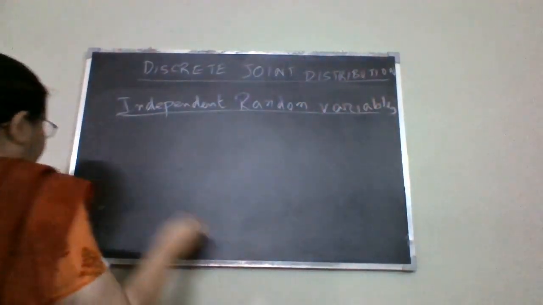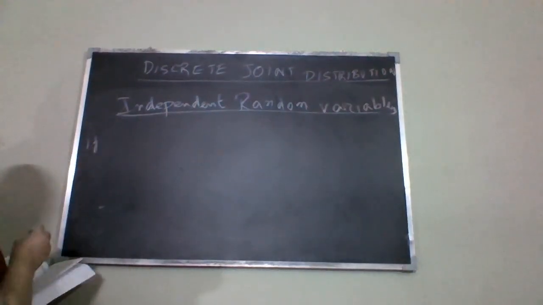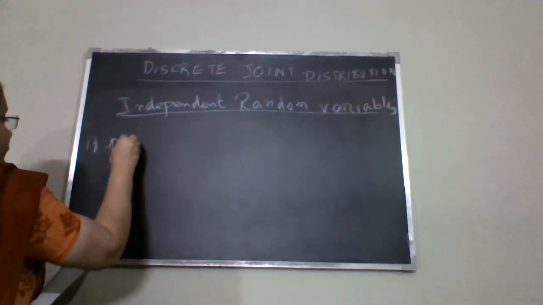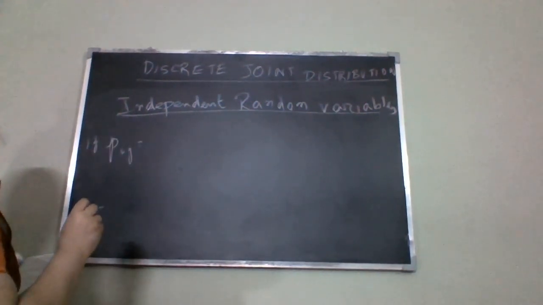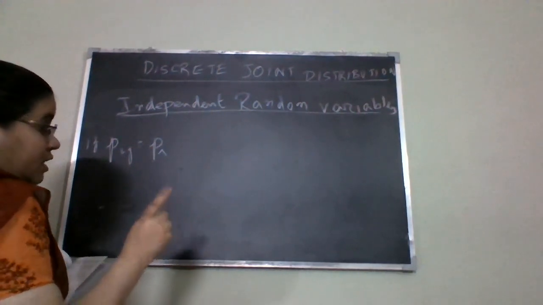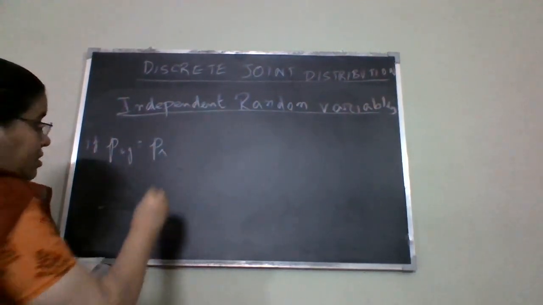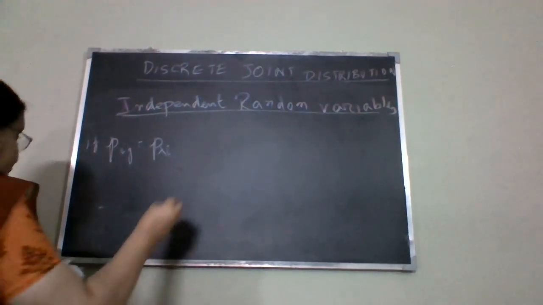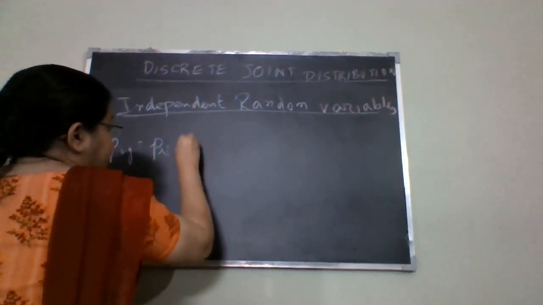So if p_ij is equal to the multiplication of the marginal probabilities, remember this, p_xi · p_yj, these are the marginal probabilities.